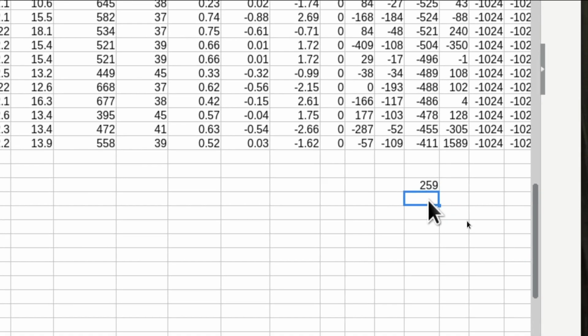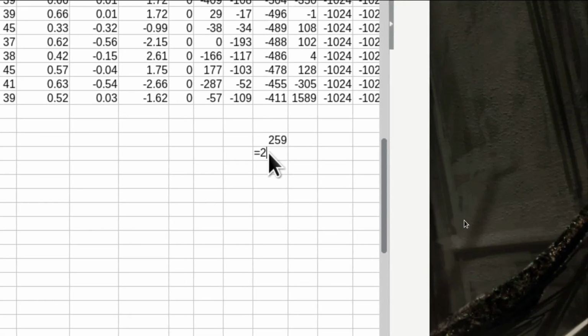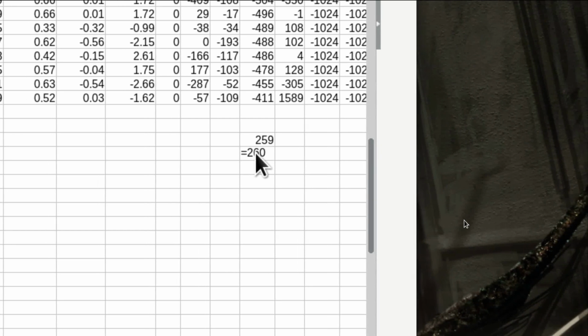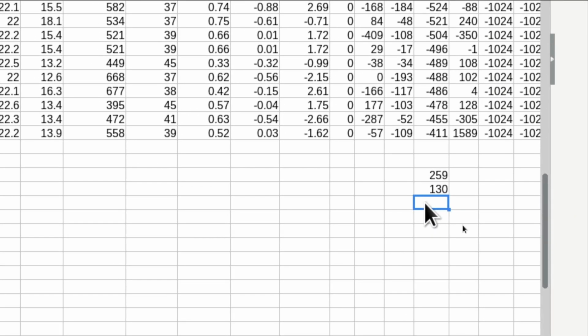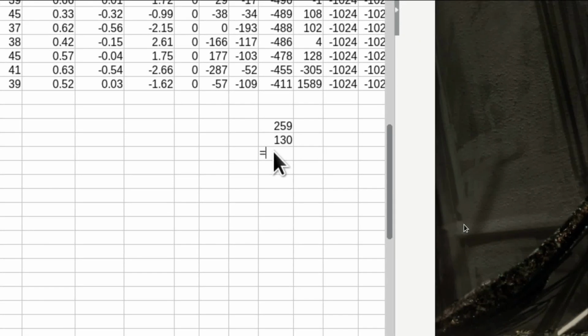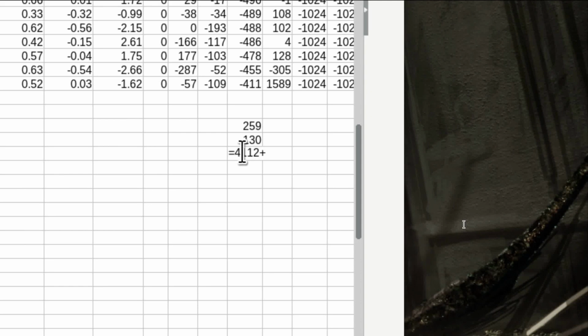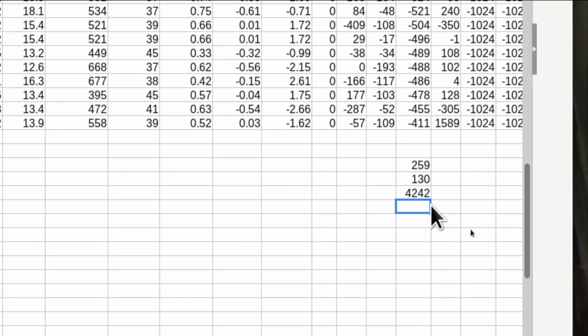So let's see if my math is correct. So equals 259, or let's say 260, let's round it up, divided by 2. That would give us 130. So equals 411 plus 130. That would be, oh, what did I do?